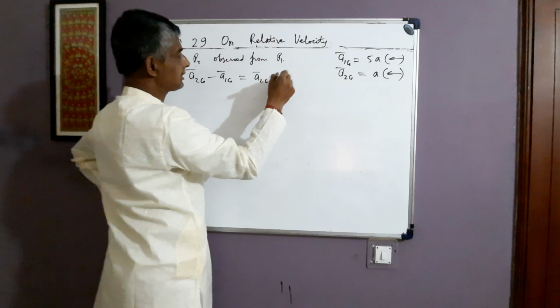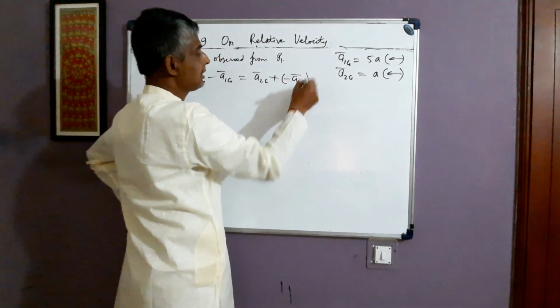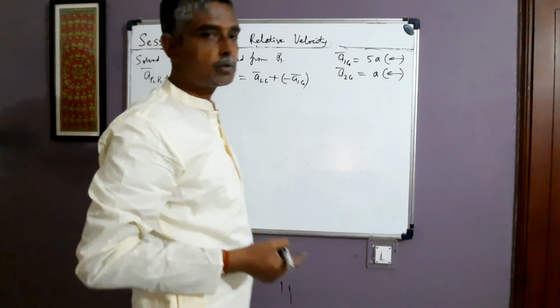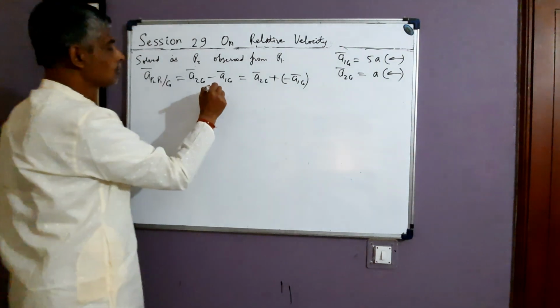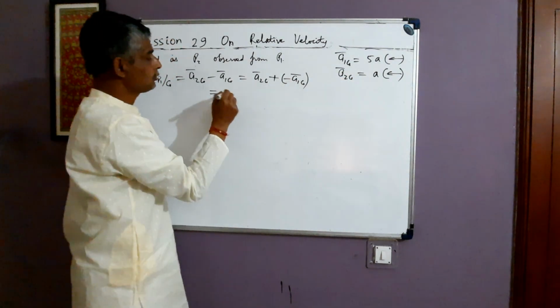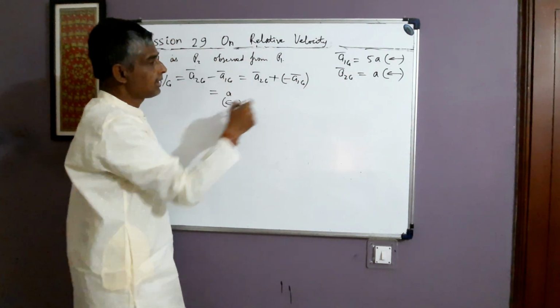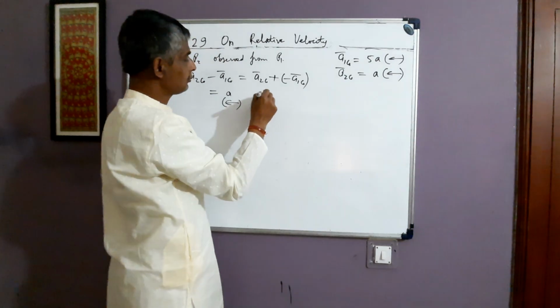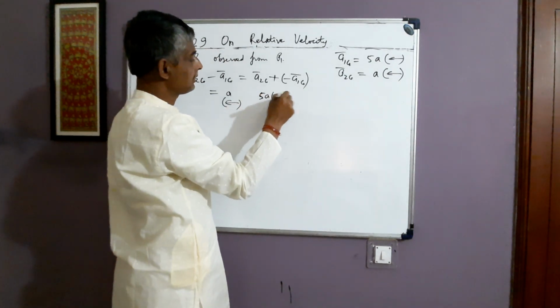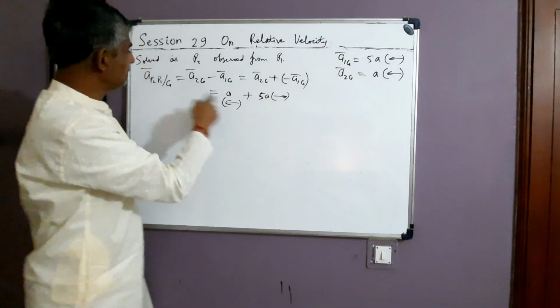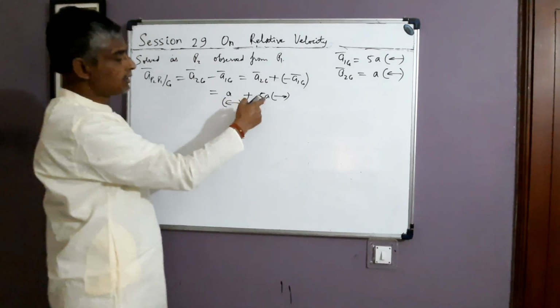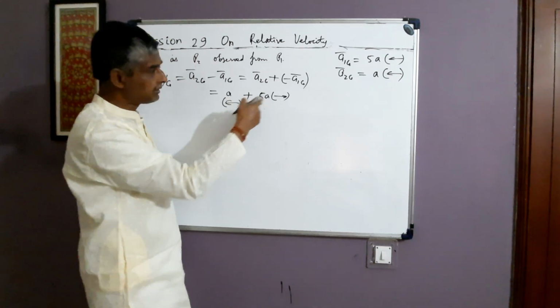And this can be written as plus of minus A1G. Minus A1G is just the reverse of A1G. So A2G is equal to A left, and minus A1G is equal to 5A right. So we add these two vectorially, from the parallelogram law of vector addition, to get A relative.